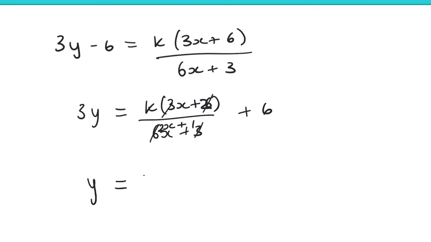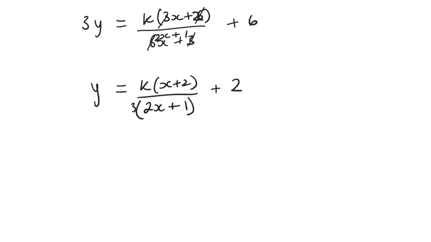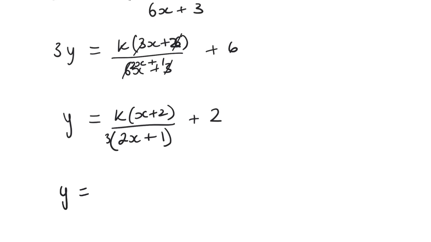So now I'm going to have k lots of x plus 2 over 2x plus 1. What is this divided by 3? We get a 3 down there. Plus 6 divided by 3? 2. So my final answer is y equals k lots of x plus 2 over 6x plus 3 plus 2.